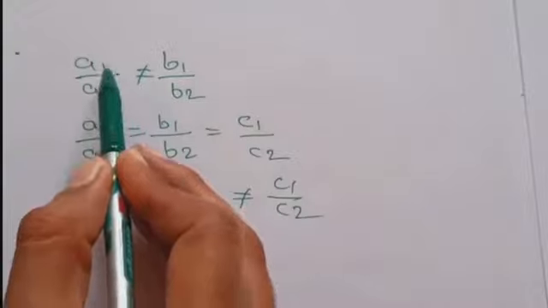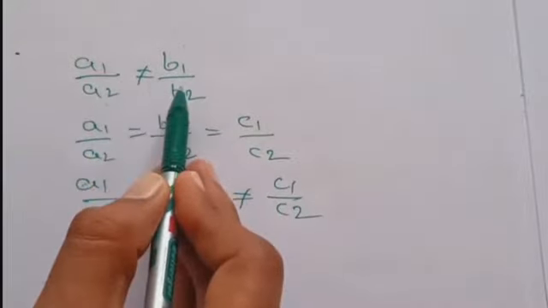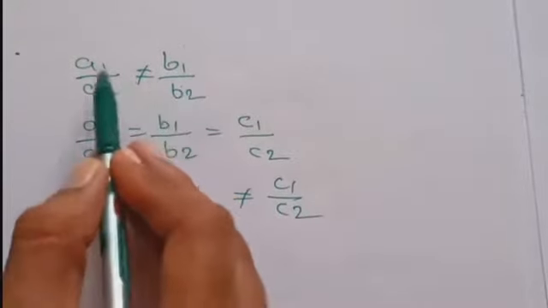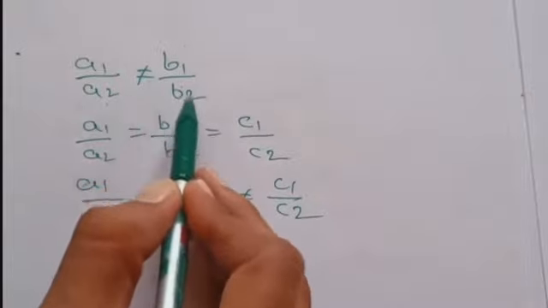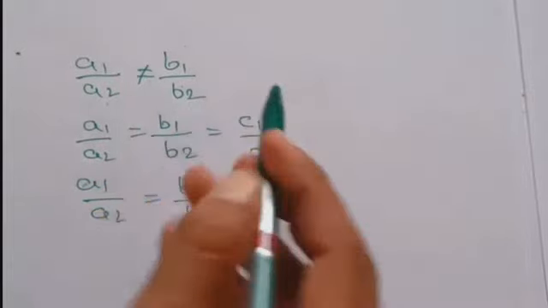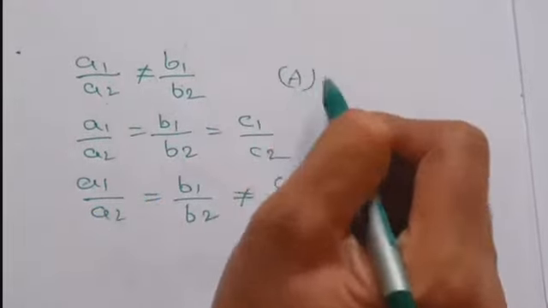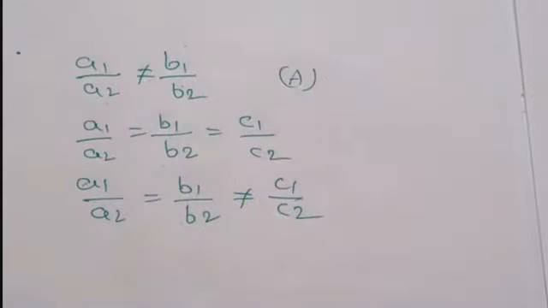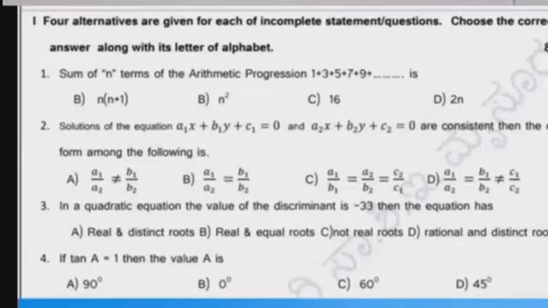Have they given this one, A1 by A2 is not equal to B1 by B2? Yes, they have given this option. So therefore the A option is correct. A1 by A2 is not equal to B1 by B2 is called a consistent pair of equations. Okay. Now we will move on to the next question, children.